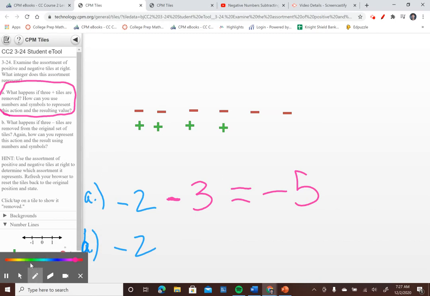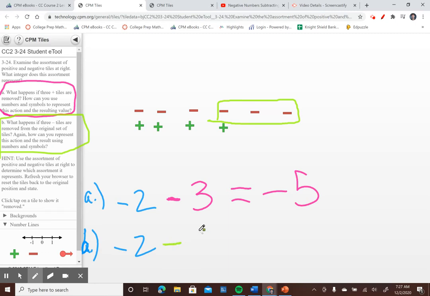I'm going to do this problem in light green, problem B. So I'm going to take three negative tiles. So I'm going to do subtracting -3 this time. And I'm going to put them out of the picture.